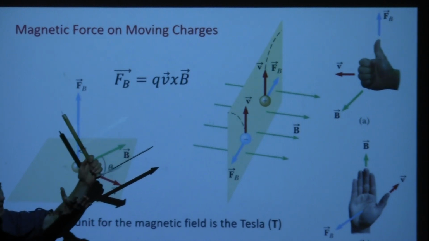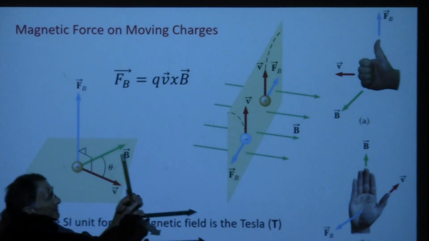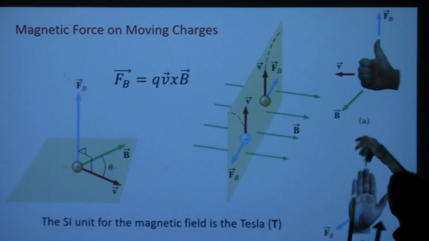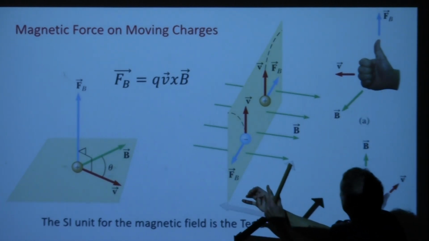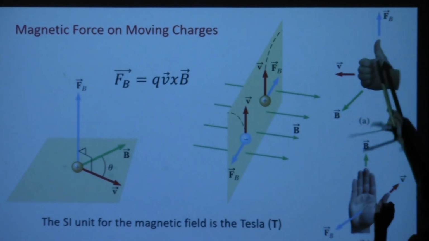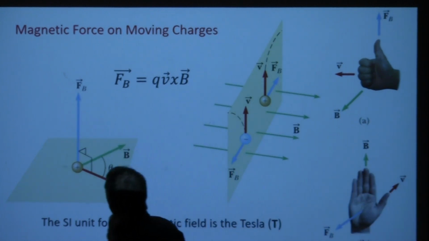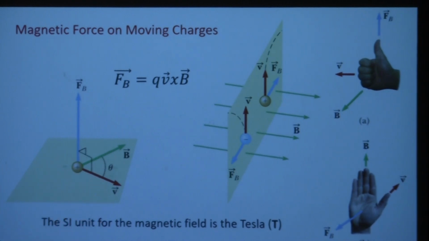We'll use the right-hand rule to take V and cross it into B. This is kind of a crazy rule: imagine your fingers pushing V in the direction of B, and then your thumb will come out in the direction of the force. But again, as far as sorting this stuff out, the force is perpendicular to both of these, and that's fundamentally where you want to start.